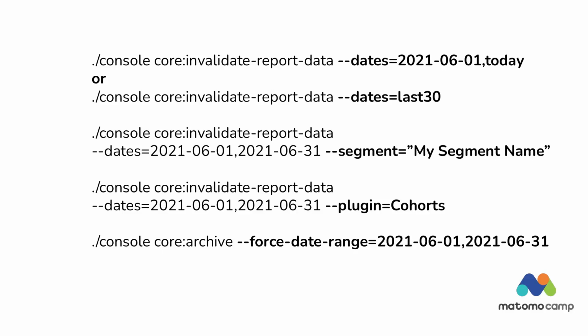In this example, we're looking at the last one that we used, the core invalidate report data, where we set the dates as the 1st of June to the last of June. And when we run this last core archive command with the force date range similar to or exactly matching what we've just invalidated, Matomo is going to only go ahead and process that specific date range for that specific plugin.